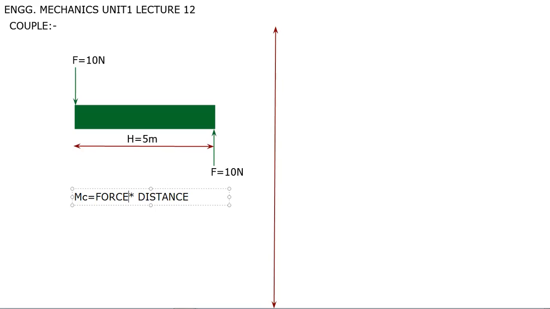Distance between two forces. But you have to consider only one force, because two forces are acting simultaneously here. So that's why you have to consider only one force multiplied by the distance, which is capital H. Again, force, which is 10 Newton, multiplied by capital H, which is the distance, equal to 5 meter, equals 10 into 5, that is 50.